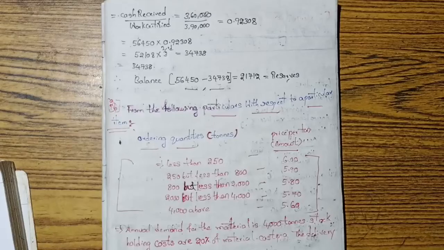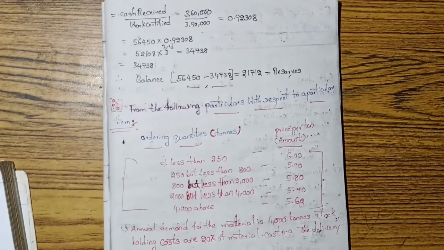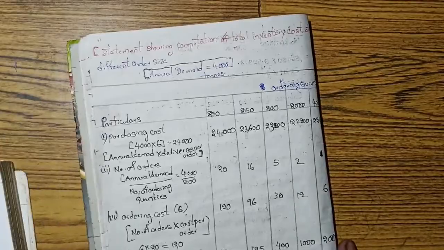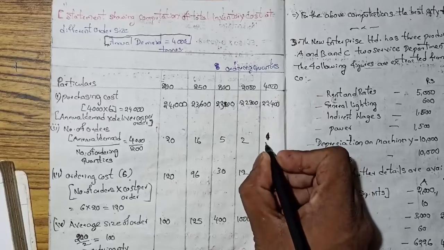Next, from the following particulars with respect to the particular ordering quantity. Given here ordering quantity, delivery cost per system. We see here this is 1.